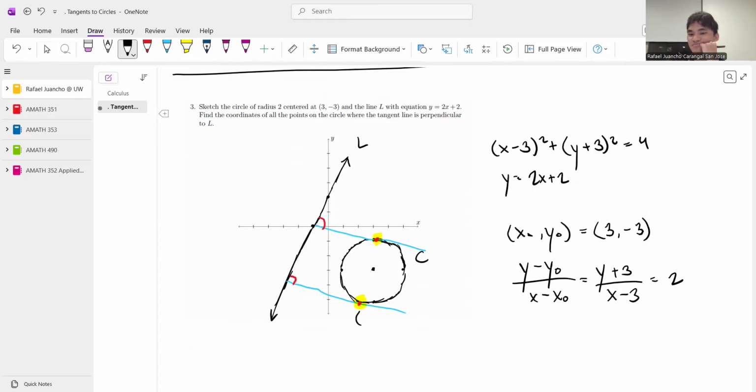Now again, the reason why this works is we have a point and we want to find the radial line that's perpendicular to these blue lines, which are the tangent lines. So we want to find the radial line that's parallel to line L. So we know this is going to have a slope of 2.